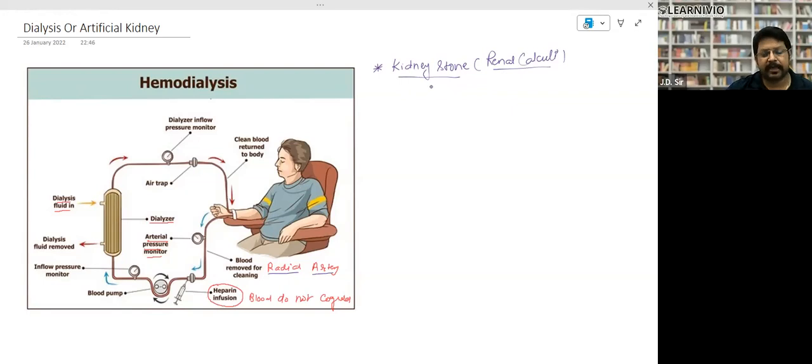Renal calculi is the technical name, and kidney stone is the generic name. They are made up of a substance, calcium oxalate. It is a salt of calcium, and this salt gets deposited and makes the kidney stone, right? Remember.